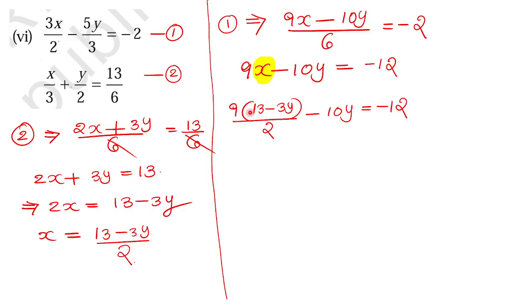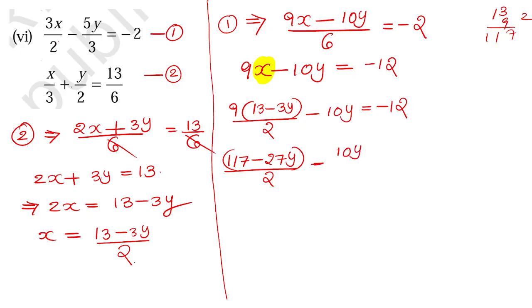We can open the bracket here. 9 into 13, what is that? 117, correct? 9 into 13 is 117. 117 minus 9 into 3y, 27y. 10y can be written as 10y by 1.